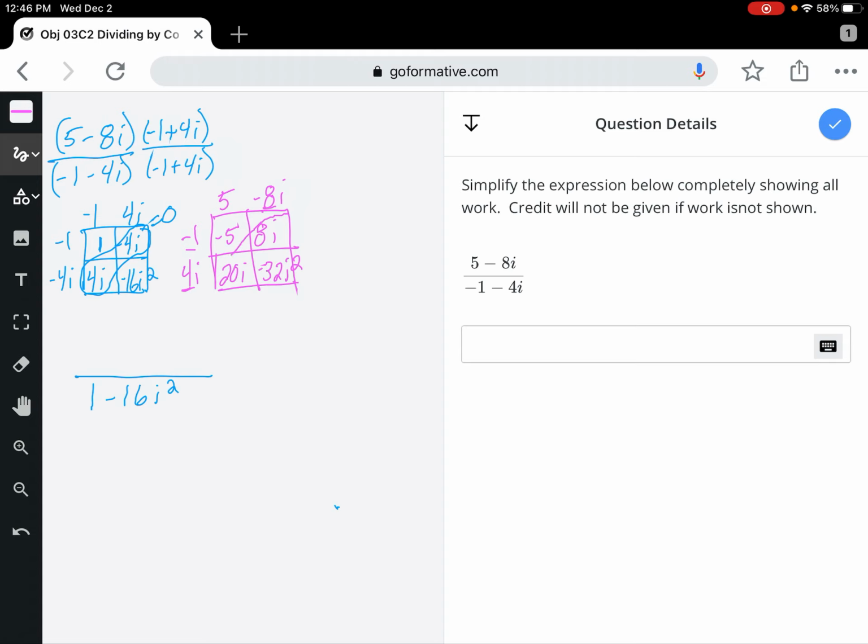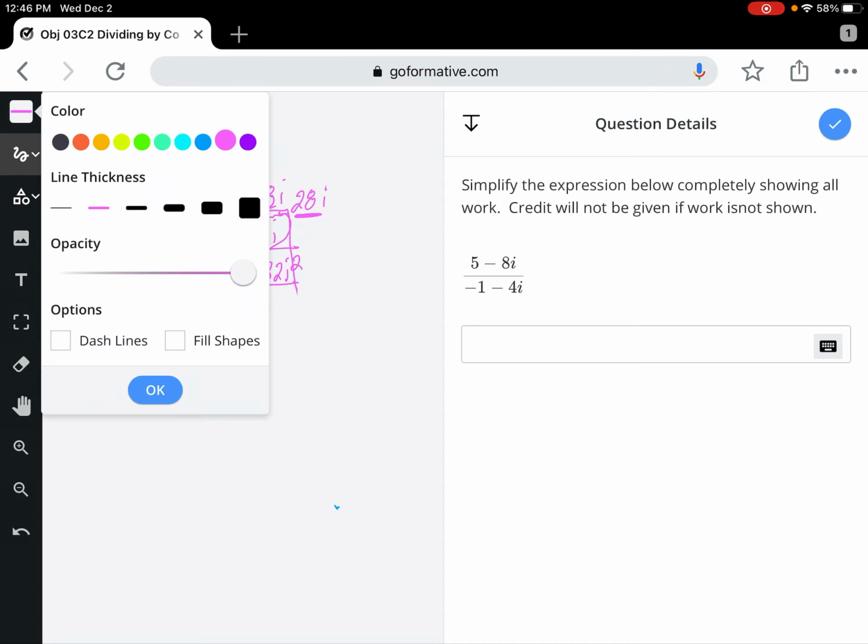I times I is I squared. I can combine these like terms. This is going to be 28i. Okay, those like terms, 28i. So up in the numerator, it's going to be negative 5 plus 28i minus 32i squared.